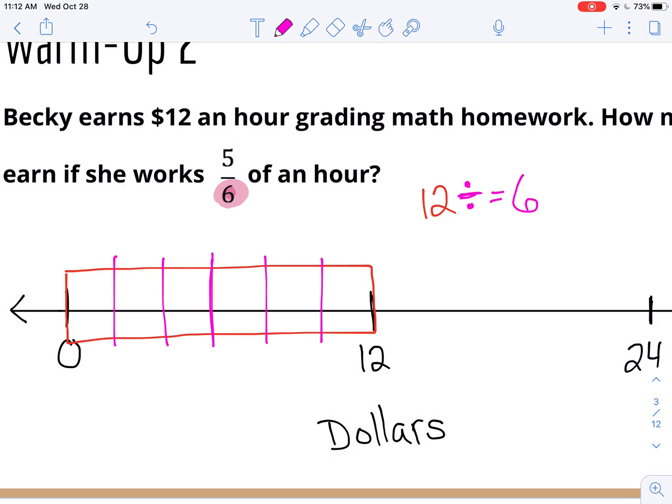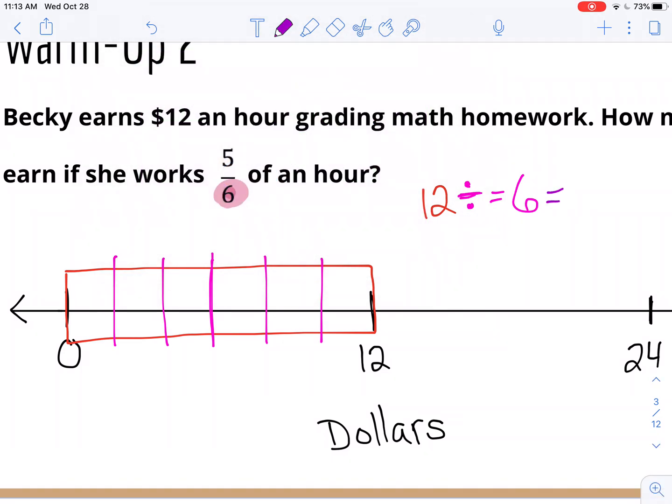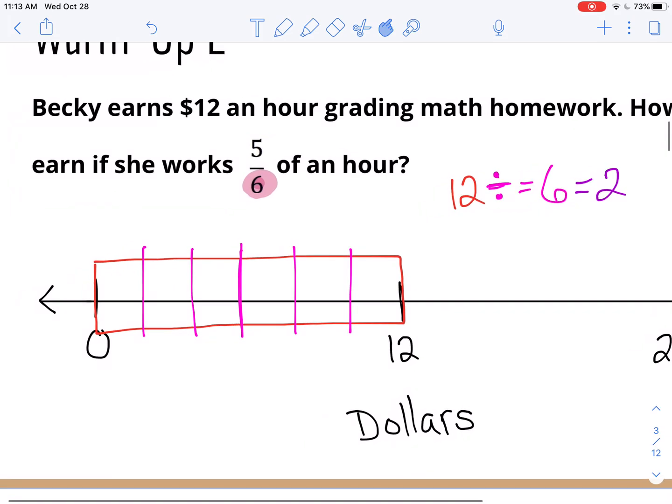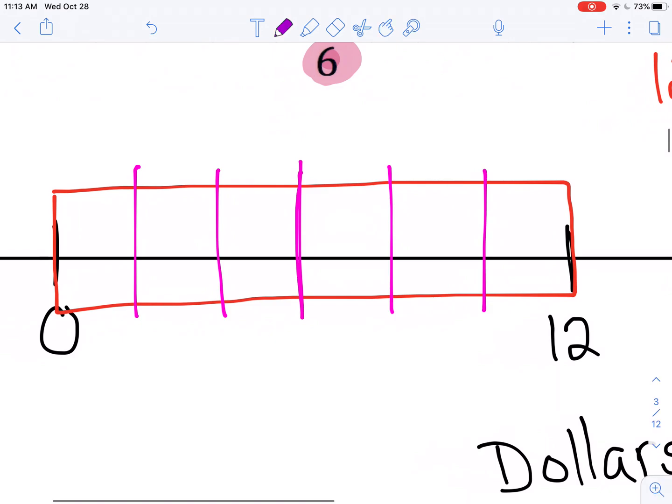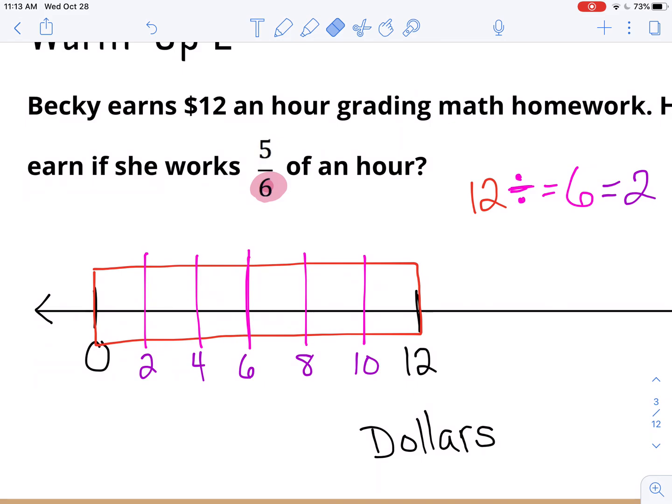So I'm really saying how many groups of 6 make 12? Or 12 split into 6 means that we have groups that are 2 in size. So I'm going to count by 2 on the bottom, and the pattern should work. 0 plus 2 is 2, plus 2 is 4, plus 2 is 6, plus 2 is 8, plus 2 is 10. Awesome. So there it is, split into 6.